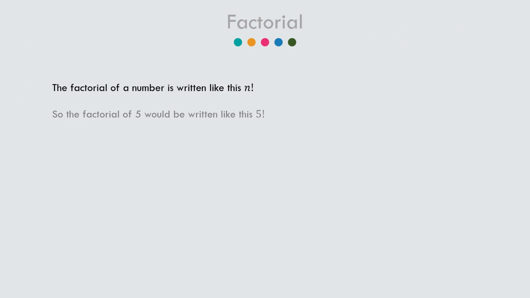So, what is factorial? How do we calculate it, and how do we use it? Well, first of all, the factorial of a number is written as n exclamation mark, where n is a whole positive number. So the factorial of 5 would be written like this, 5 exclamation mark. So what does it mean? All it means is a number multiplied by all the numbers that precede it, down to 1.